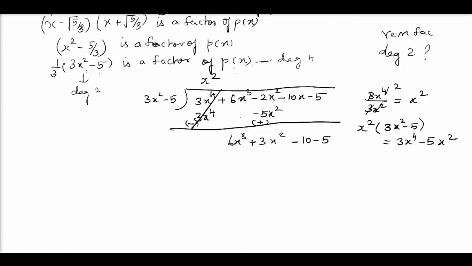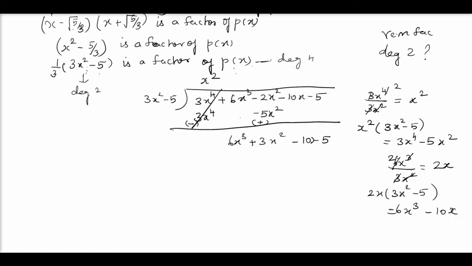Now we'll take the 6x cube. This is the first term of the dividend, divided by the first term of the divisor, so that I get 2, and here it is x. So it is 2x. Now multiply this 2x with the divisor so that I get 6x cube minus 10x.